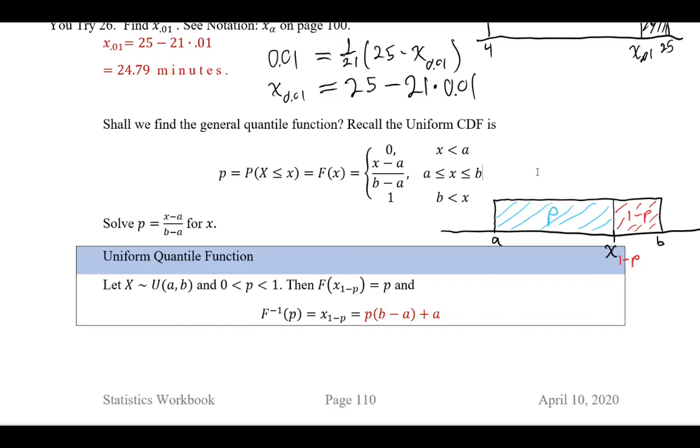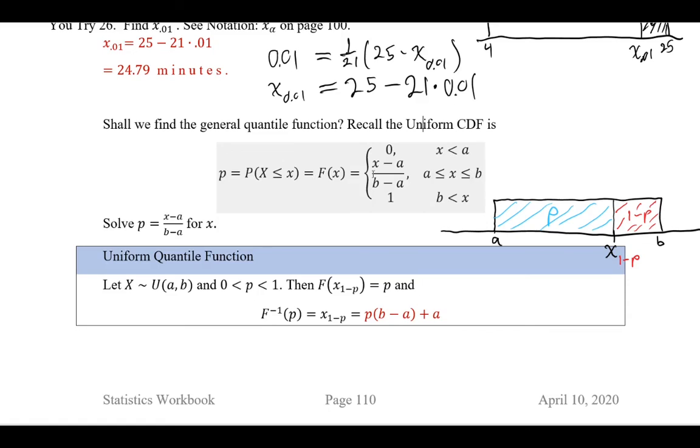We can now find the general quantile function for this uniform distribution. So recall that the CDF, which takes x values and has an output of probabilities, is f of x equals x minus a all over b minus a, as long as x is between a and b. And it's 0 when x is less than a, and 1 when x is greater than b.